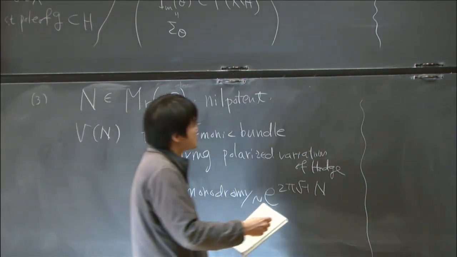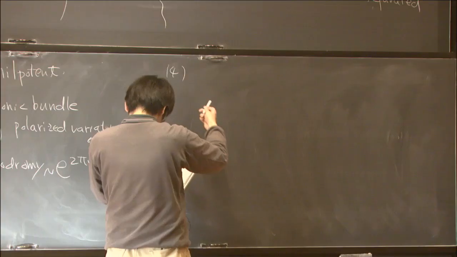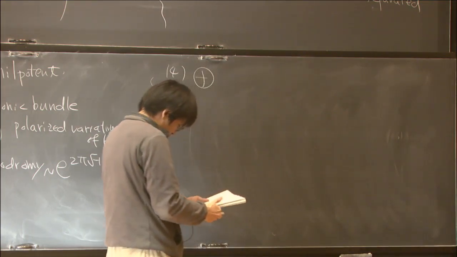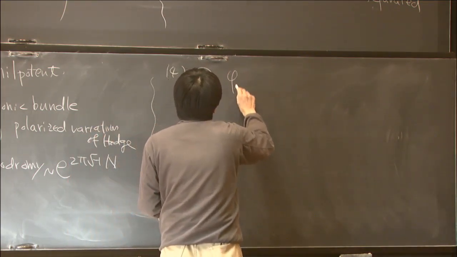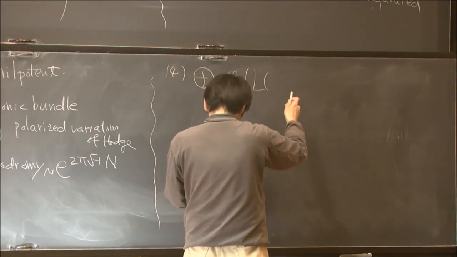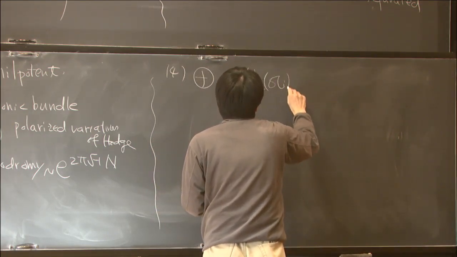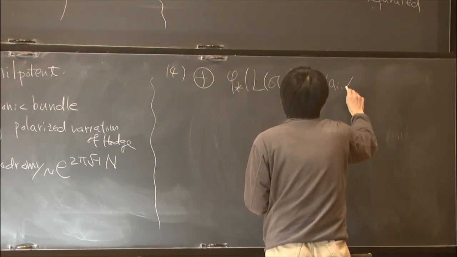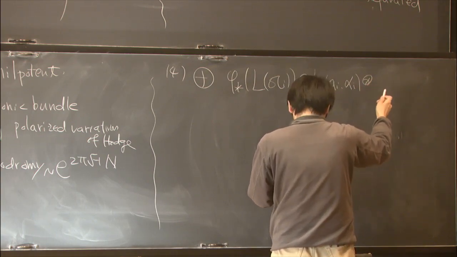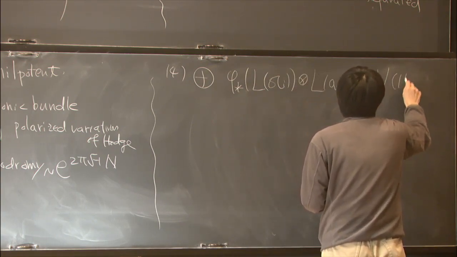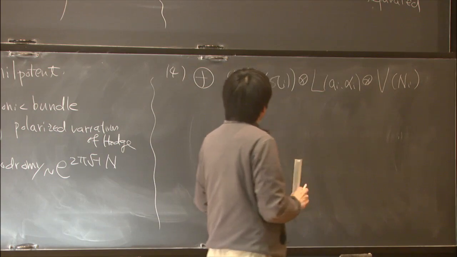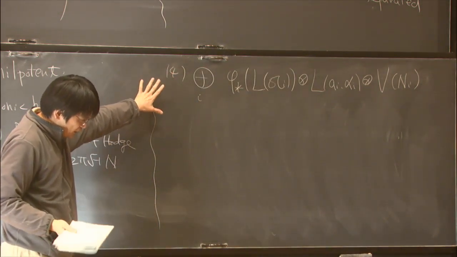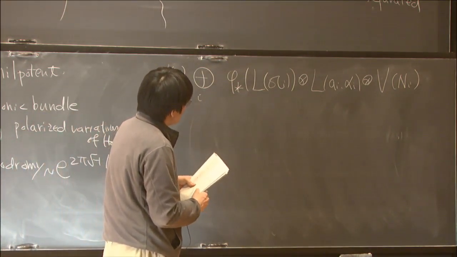Then, by taking direct sums and tensor products, we may have this type of harmonic bundles, and this is again a wild harmonic bundle.